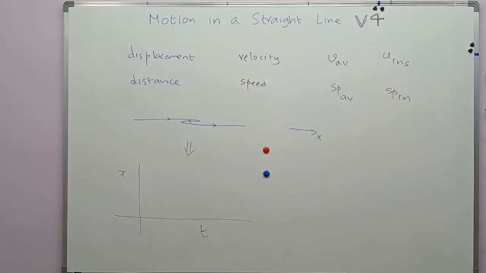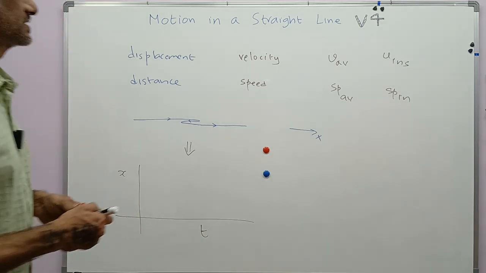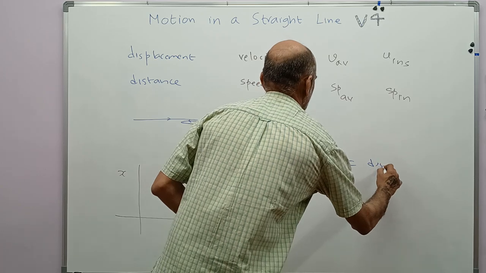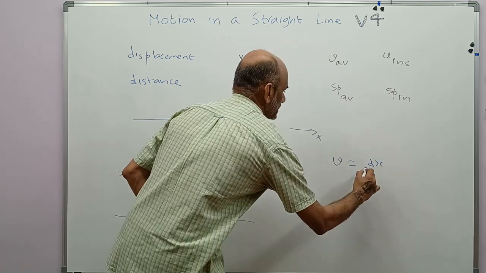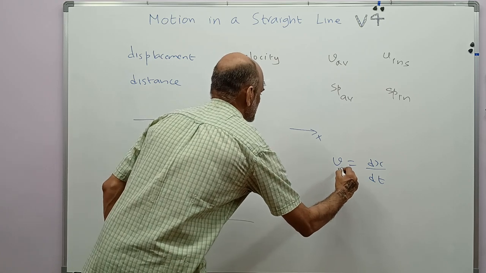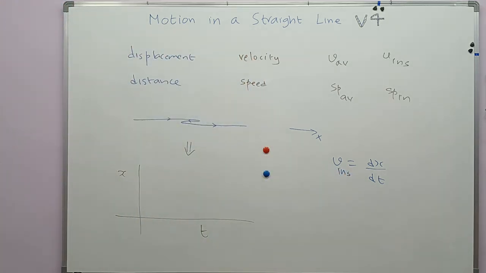This also we have studied previously. And velocity is defined as how fast the position is changing with time. So velocity is dx by dt, and this velocity is called instantaneous velocity, and this can be calculated for any instant of time.